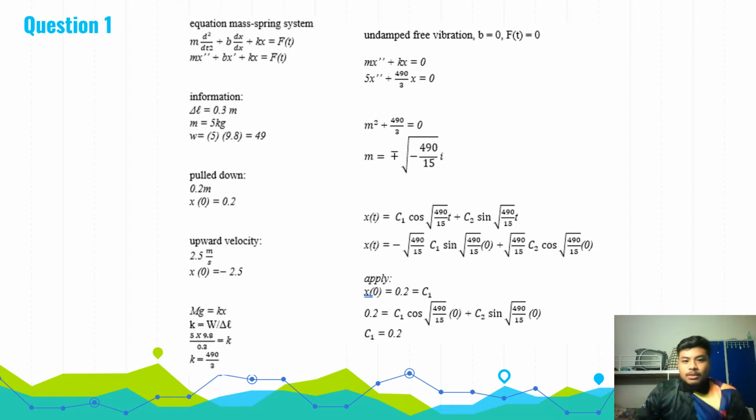For the next step, we get the equation x(t) equals c1 cos square root 490 over 15 t plus c2 sine square root 490 over 15 t. From this equation, we substitute the value of 0, and we get that the answer for c1 is 0.2.